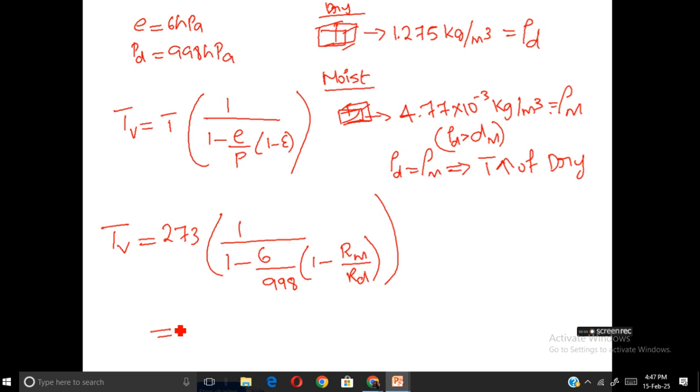Rm is 461 and Rd is 287, so it will be 0.622. What will be the value of TV?